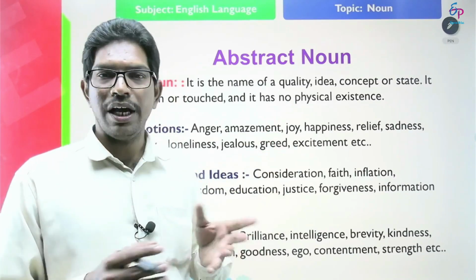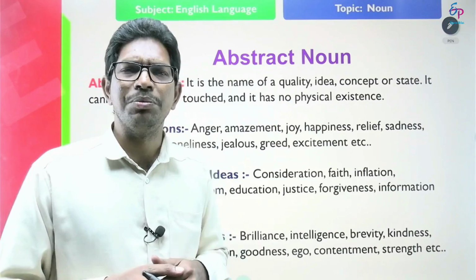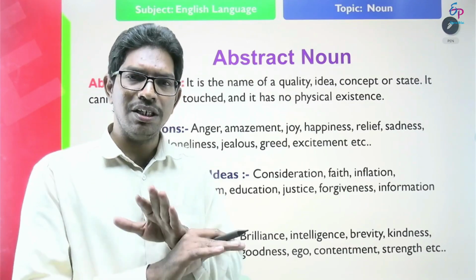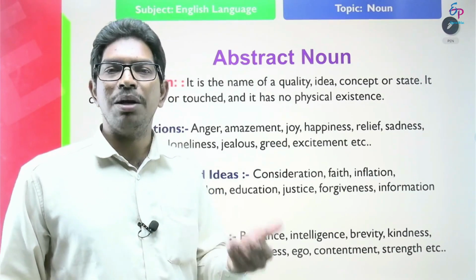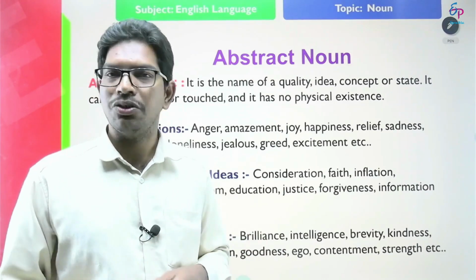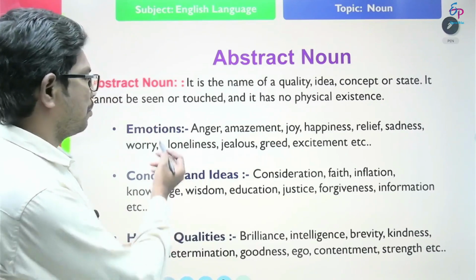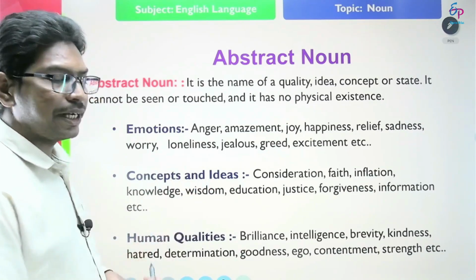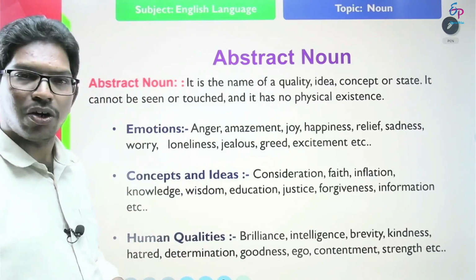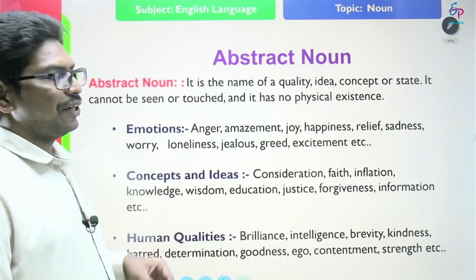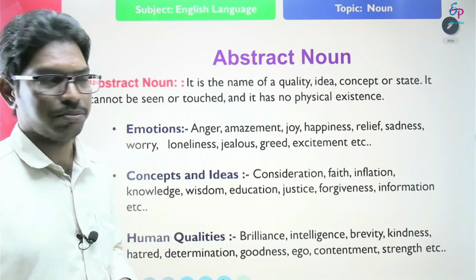This noun does not have any physical existence, which means we cannot touch it, we cannot see it. It is only the name of an idea, feeling, action, etc. So emotions, concepts and ideas and human qualities are called abstract nouns. They are treated as uncountable nouns.